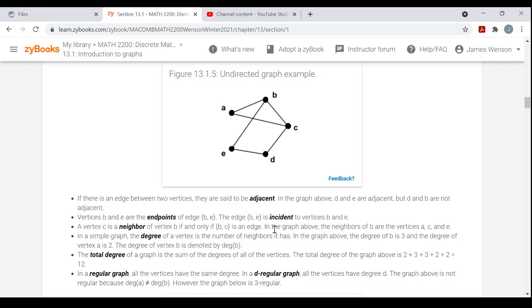So they're saying here, in the graph above, the neighbors of B are vertices A, C, and E. See, B has an edge to A, an edge to E, and an edge to C. So the neighbors of a vertex are just all the other vertices that vertex is adjacent to. So the neighbors of D would be E and C. All right, the neighbors of A would be B and C, and so on.